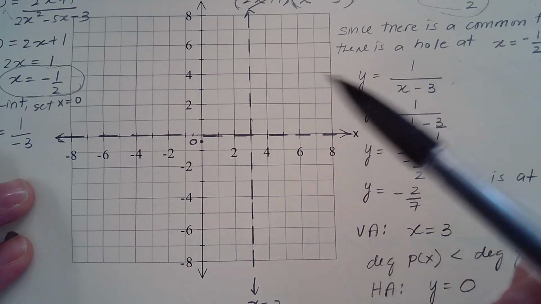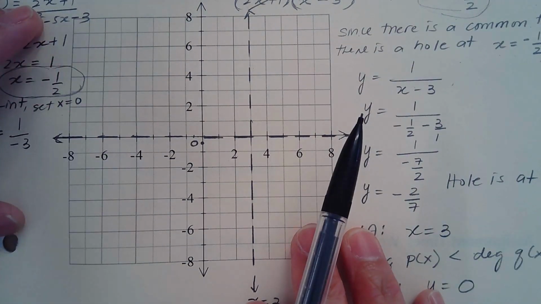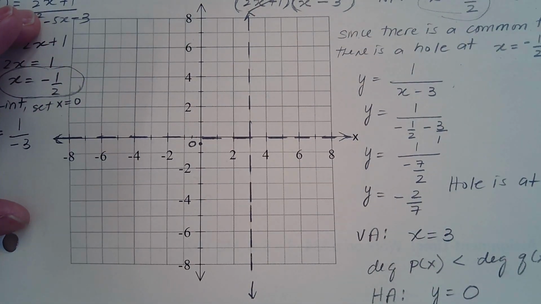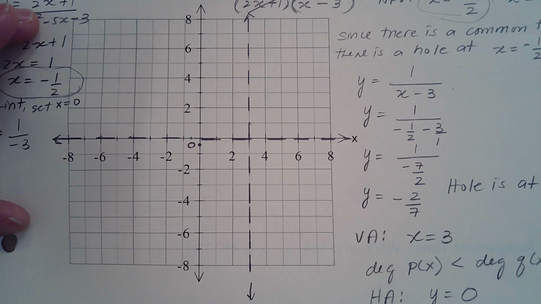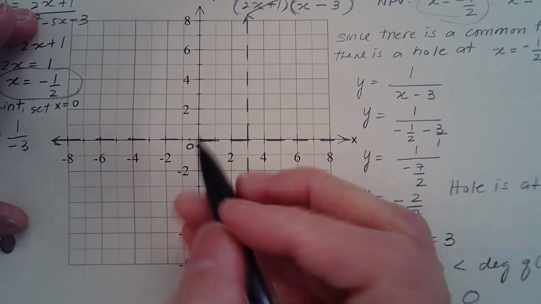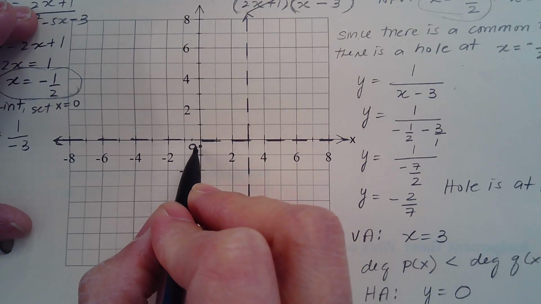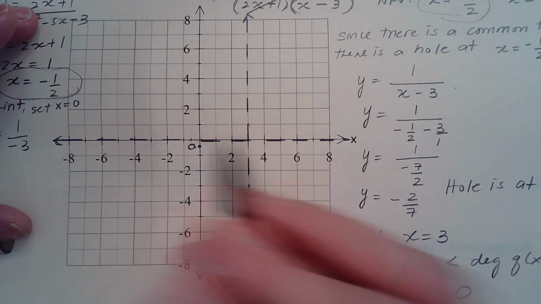Yes, there's a hole here at negative 1/2, negative 2/7.